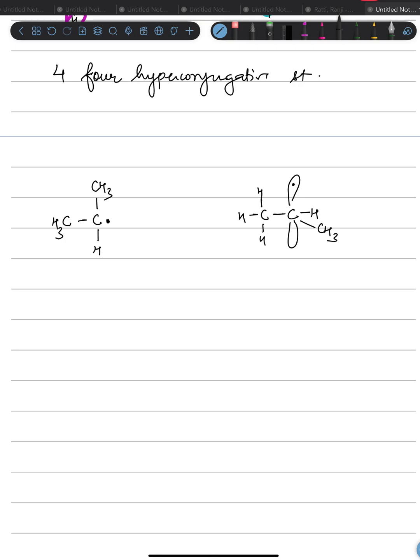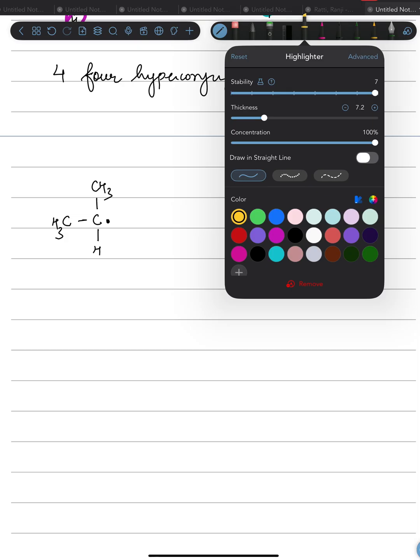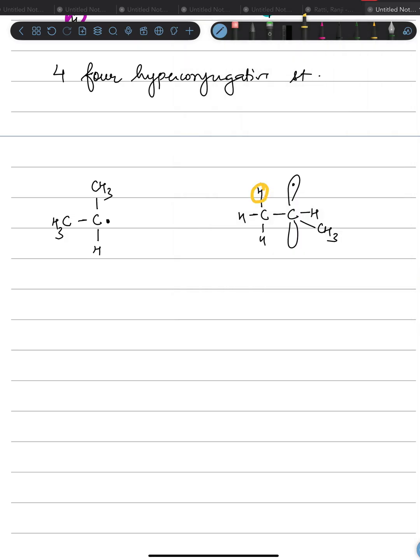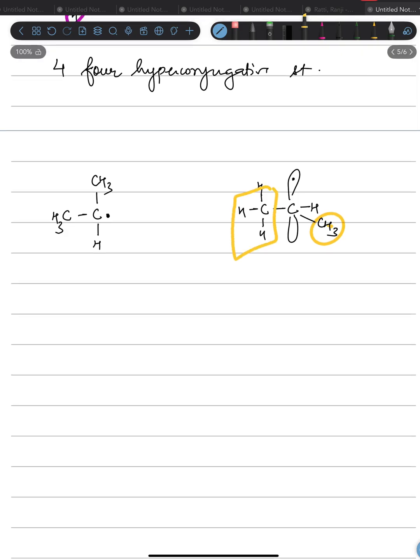So this is connected now to 2 CH3s, directly connected. So this one, if I highlight it, has 1, 2, 3 hydrogens, which can form a double bond. So the same way we would have 4 resonating structures. And similarly, this CH3 can also do the same thing as this one, because it is also connected the same way.